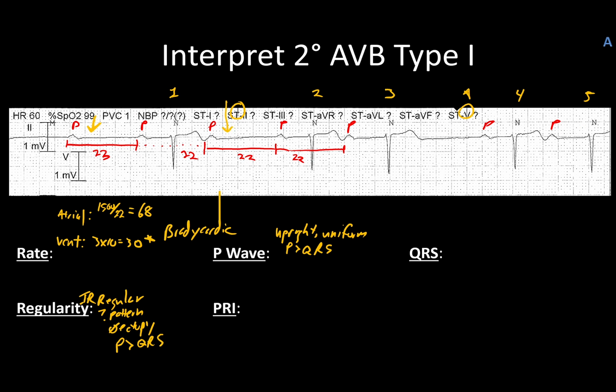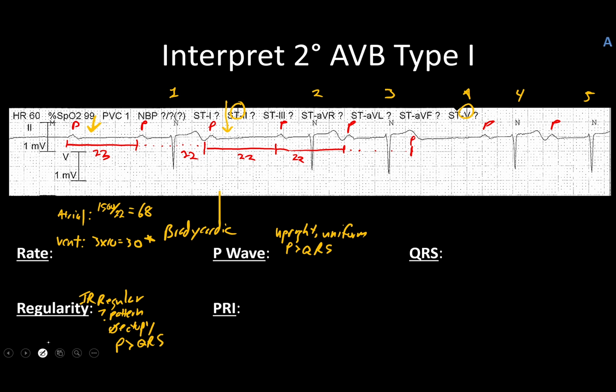And the item that we now realize is that we're missing a P wave. If you actually look at it closely, you can see that if we measure over by 22, it's 5, 10, 15, 20, 22. There should be a P wave right here. And it's hiding within the T wave.